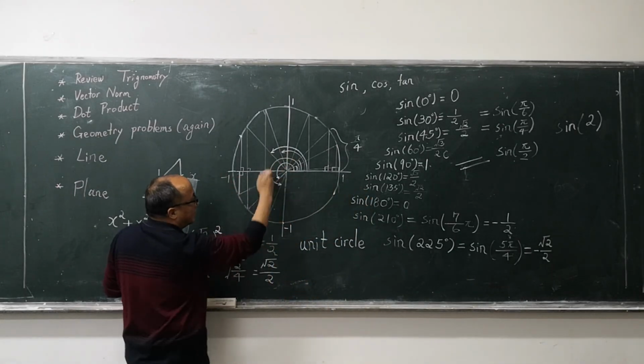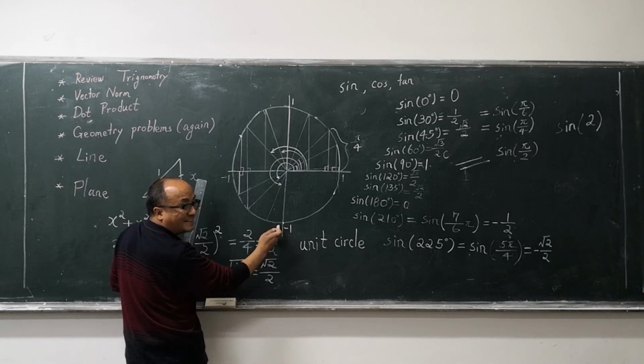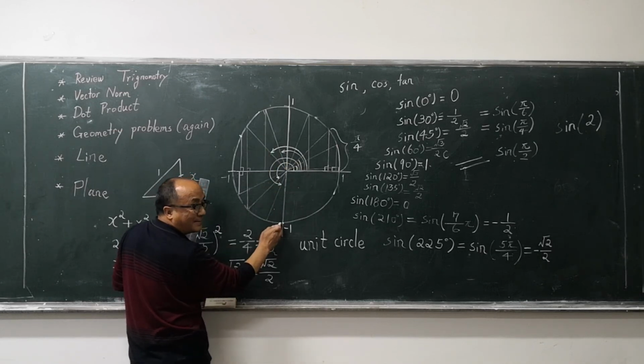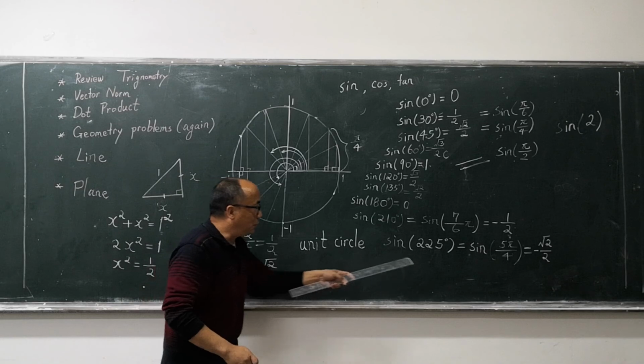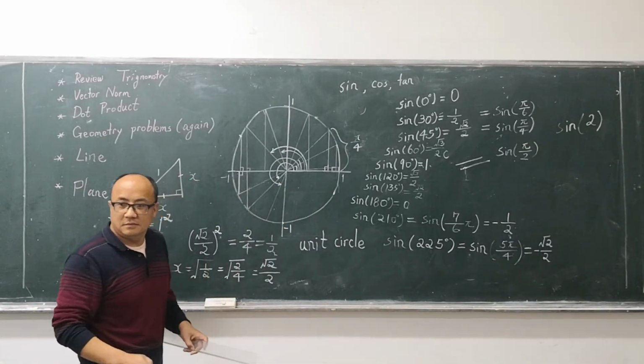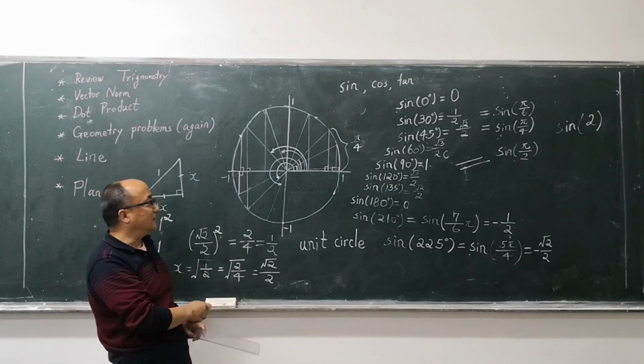And if I reach here, that's 270 degrees. Okay, from here turning to 270 degrees, you write down the value. 240 degrees. Here, 270.